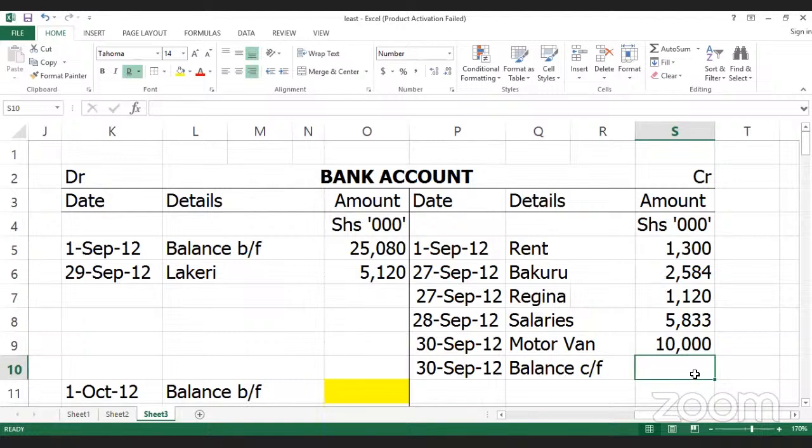Emma, how much do you have? The balance is 9,363. Okay, thank you. 9,363. That is the balance carried down.